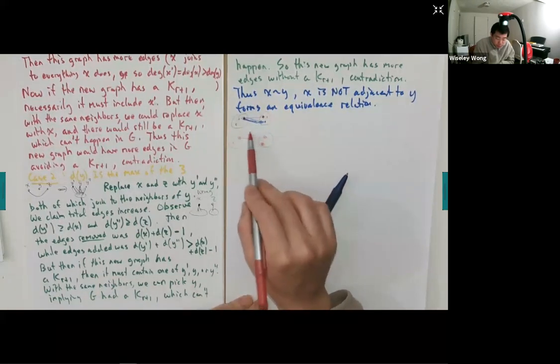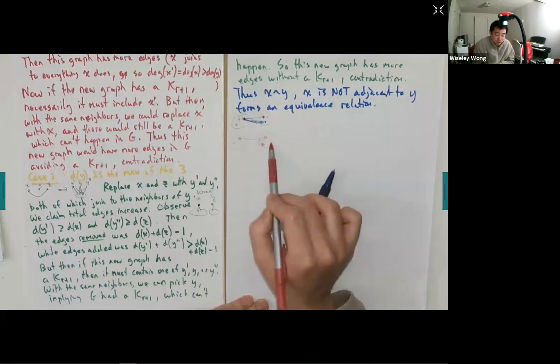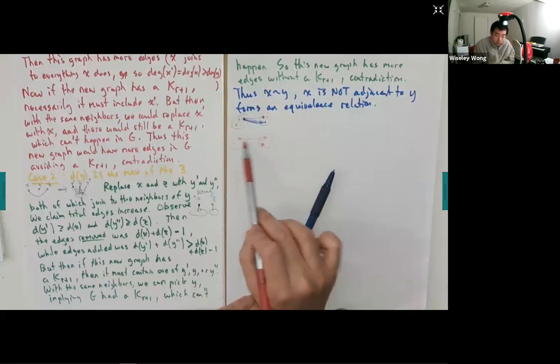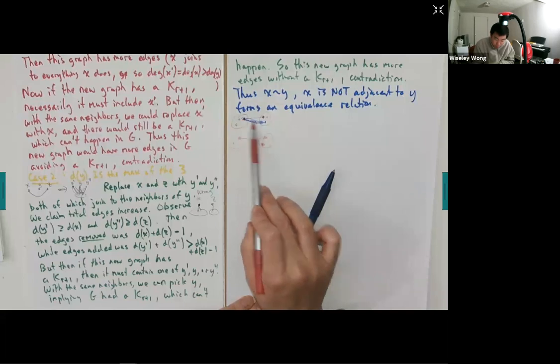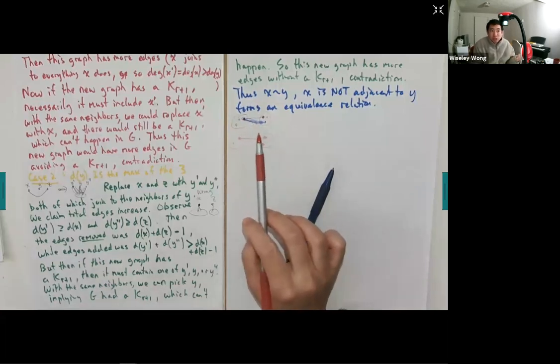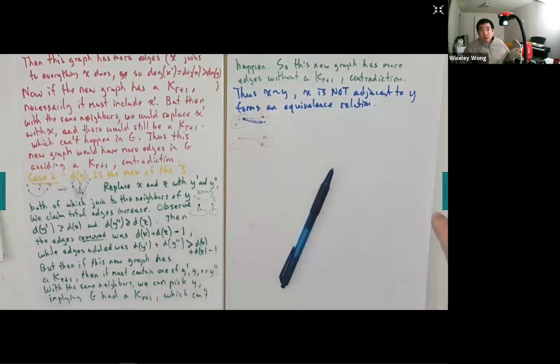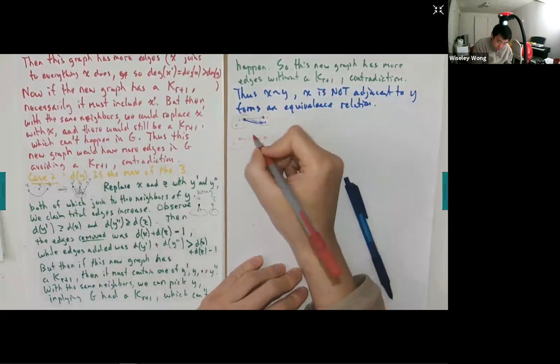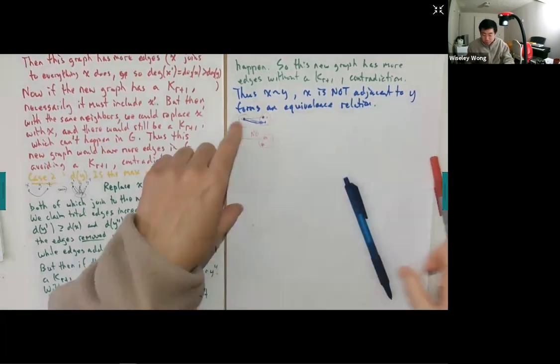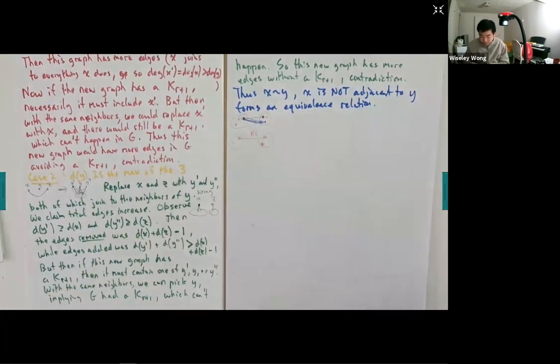But if there's no edges amongst them, then I should have just merged this into one class. Therefore, the only way to avoid this is that there should have been an edge joining here. You're basically saying there must be adjacency between every two vertices in all the equivalence classes. So this can't happen; it would have to force this other edge.